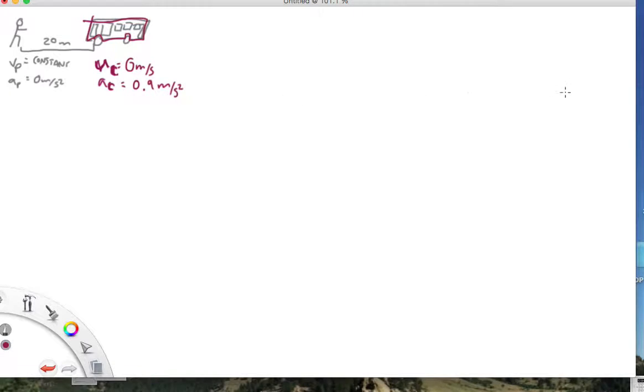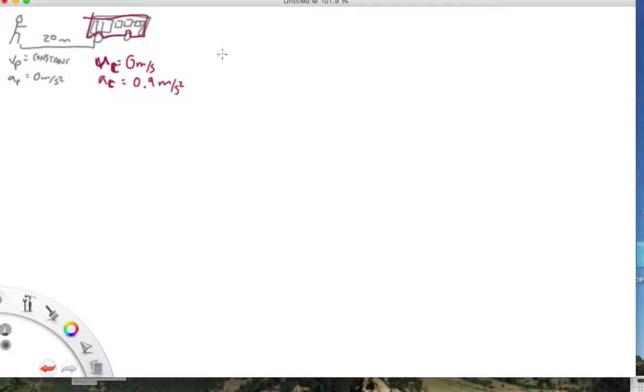I want to think about this in terms of a graph right now. I'm going to look at position versus time. Position, in meters, would be on this axis, and time, in seconds, right here.